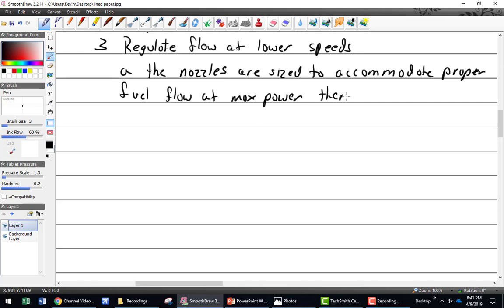Therefore, the flow divider helps regulate flow at lower speeds.